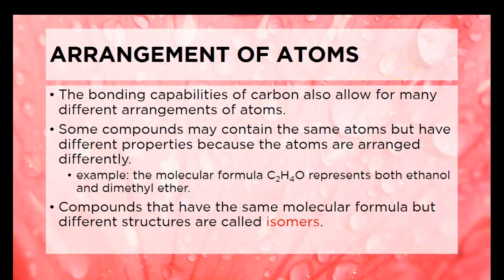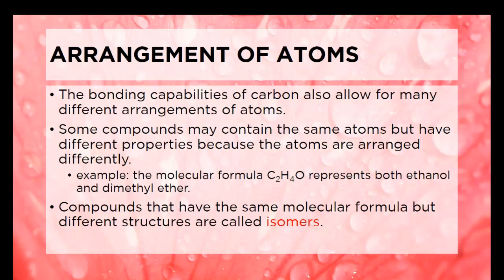Compounds that have the same molecular formula but different structures are called isomers. So this idea, C2H6O, that's a molecular formula. It can represent either ethanol or dimethyl ether, depending on how it's structured.